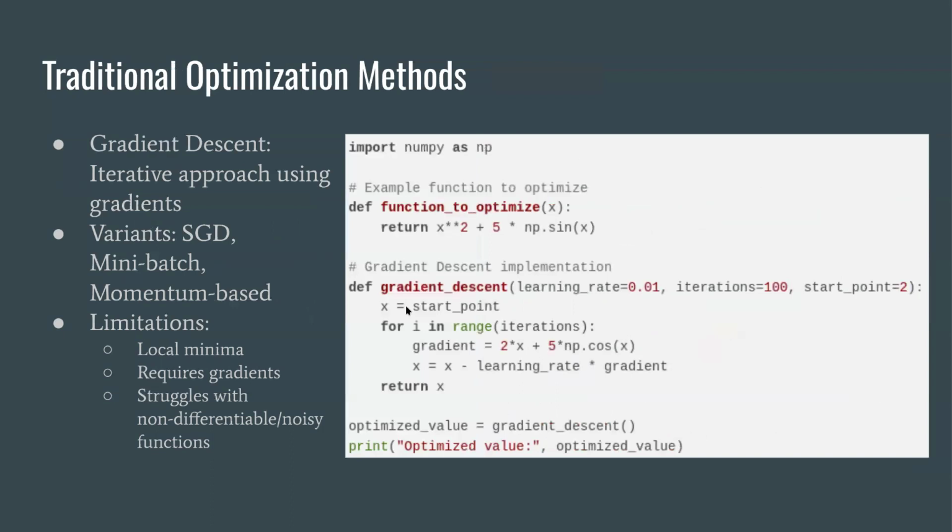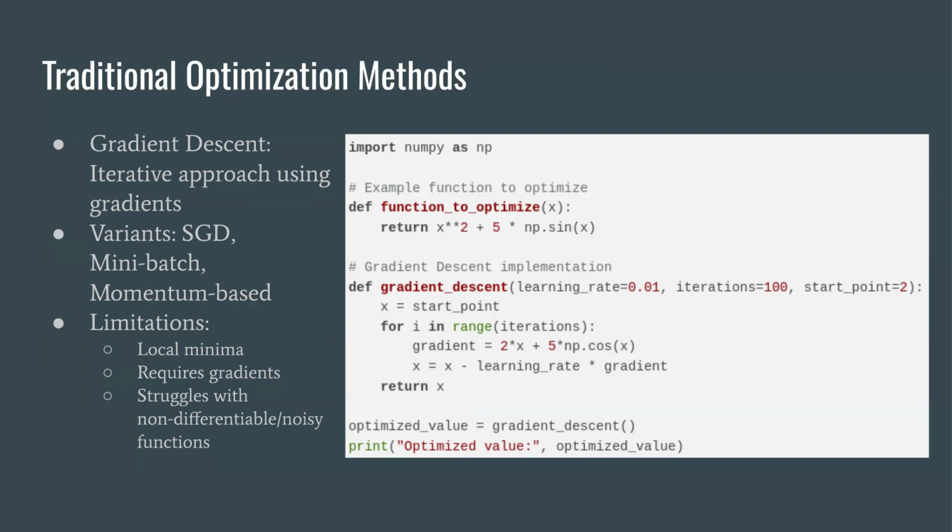Traditional optimization methods. So traditional optimization methods like gradient descent and its variants are widely used in machine learning. Gradient descent iteratively moves towards the minimum of a function by following its gradient.